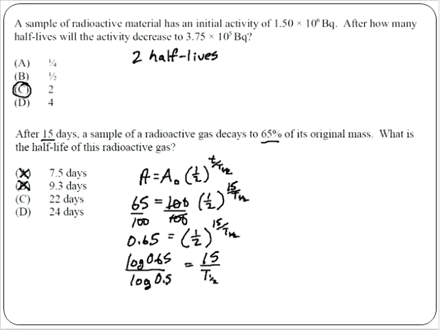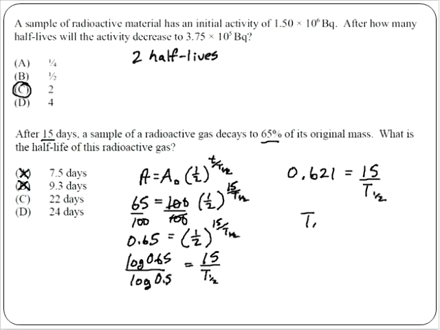Let me see, let's work this out. I thought I had it worked out, but the answer I got doesn't make sense, so I must have done it wrong. The log of 0.65 divided by the log of 0.5 is equal to 0.621. And that equals 15 over T1/2.